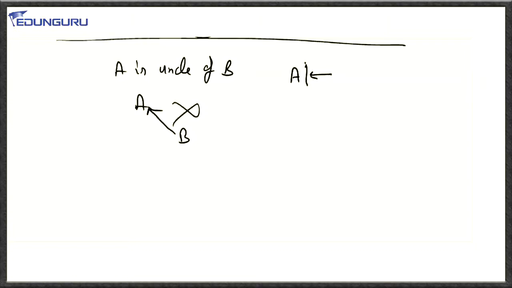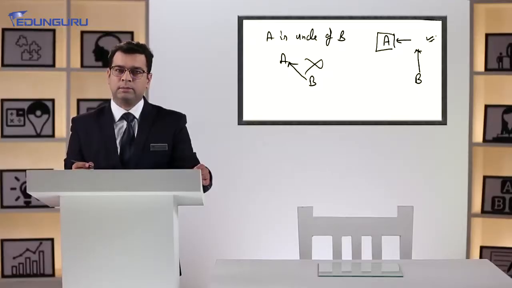A is brother of my father or mother. So A will come in the upper line and B will come in the lower line, and this can be either father or mother. So if it is written that it's my father's brother or my wife's brother, then you can decide what is the gender of this person. Otherwise it is not given.